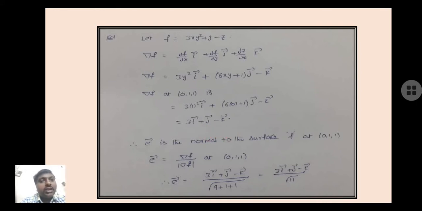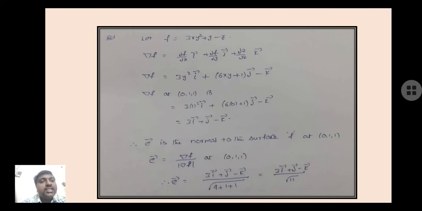Okay, now I am calculating the vector E bar. E bar is the normal to the surface f at (0, 1, 1). Normal is nothing but gradient only. Especially here E bar is a unit normal vector, so that's why I am calculating the cap. Cap is nothing but del f by modulus of del f at that point (0, 1, 1).